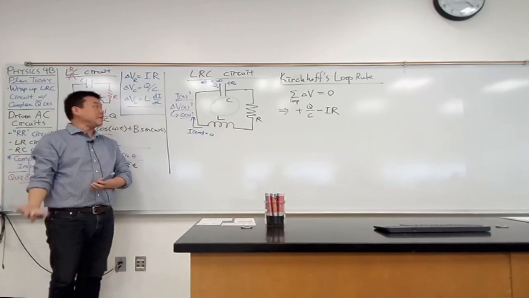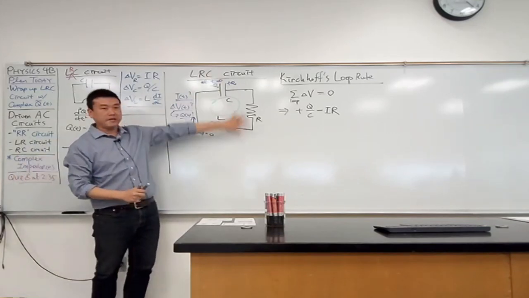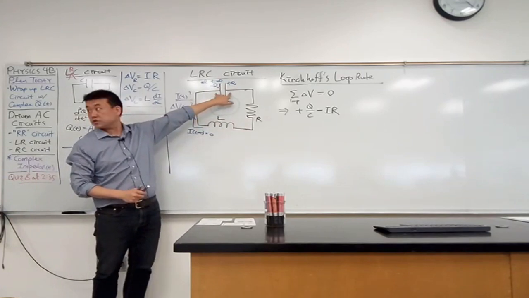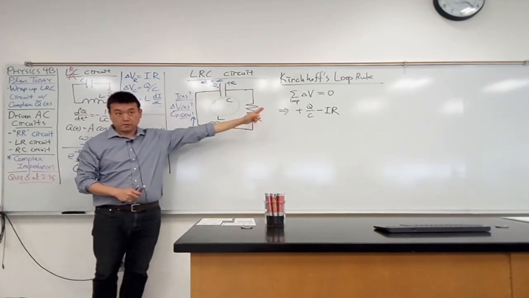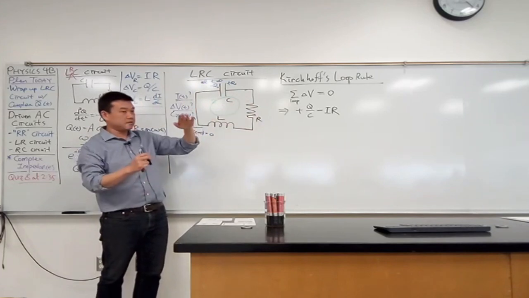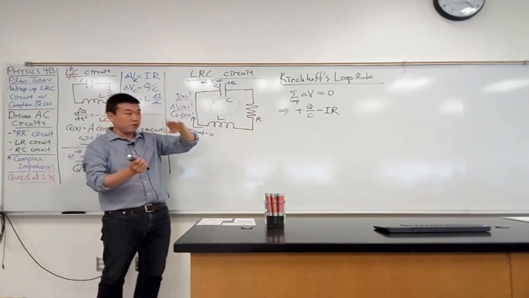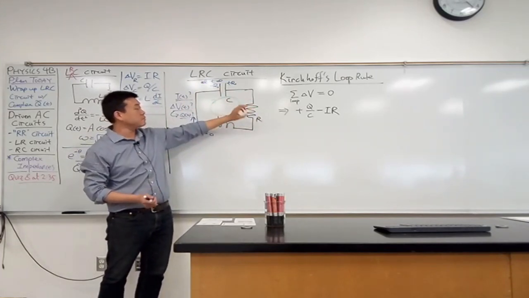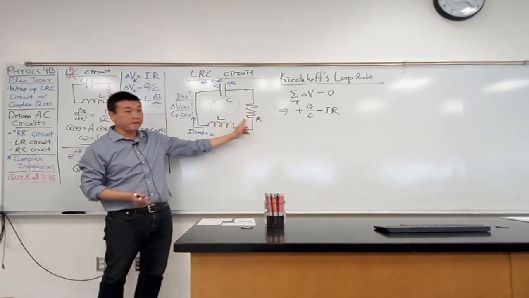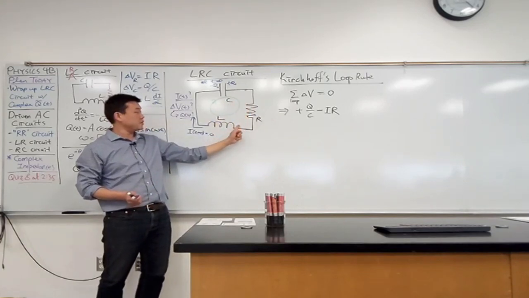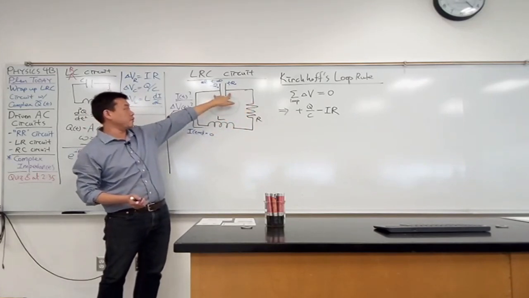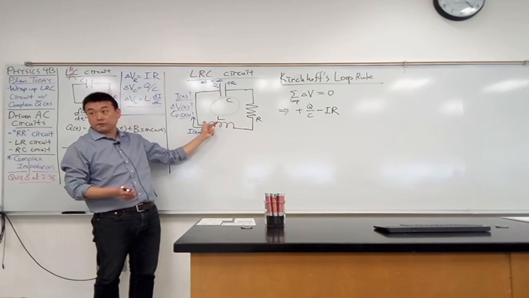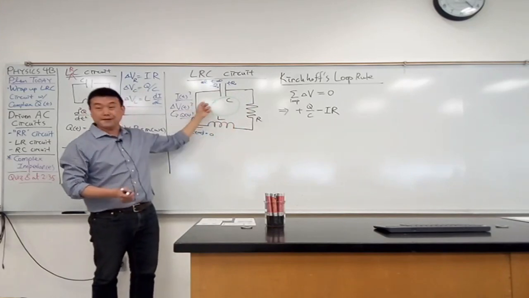And as I go across the inductor, should my voltage drop or rise? I want you to think of the initial condition. At the very initially it's charged, and as current just begins to flow, I is starting from 0, rising to some small positive value, and I get a voltage drop at the resistor. And here, should I get a voltage drop or rise? Drop, right? Because the resistor didn't drop all of this voltage, so the inductor has to drop the remainder so that the loop adds up to 0.